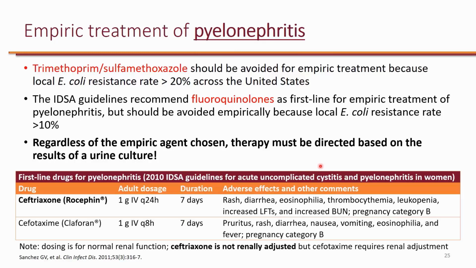Because empirically you cannot use fluoroquinolones and you cannot use trim-sulfa, what you can use is third generation cephalosporins. So, ceftriaxone is the number one agent that you will see used until the culture results are back, and then you can de-escalate from ceftriaxone to something more narrow.